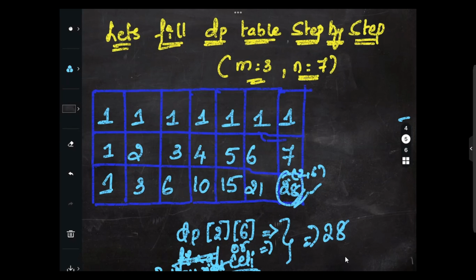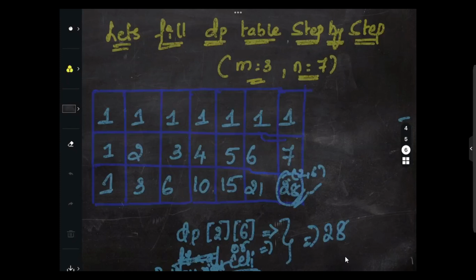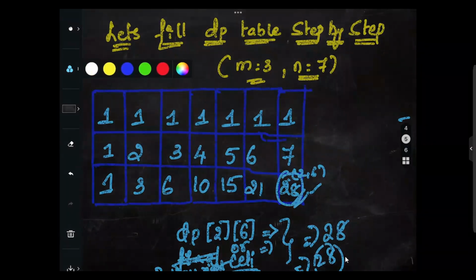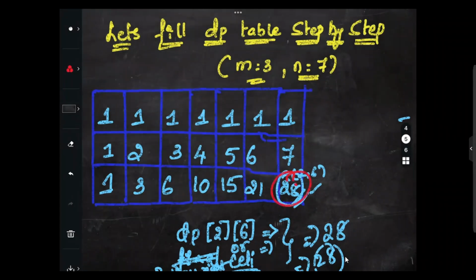So the final value at dp of 2,6 is 28, and the answer will be 28.